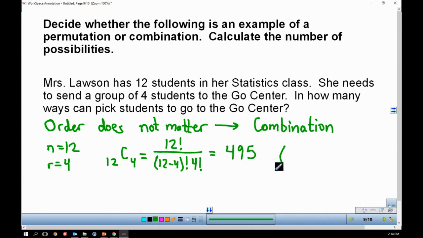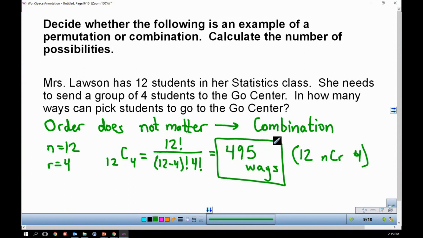Yep. And of course, if you did this in the calculator, it would be 12 nCr 4. Okay, so I want y'all to try the last one and see if you can get it.